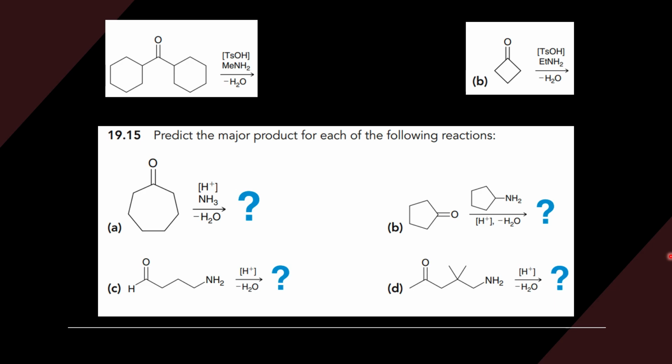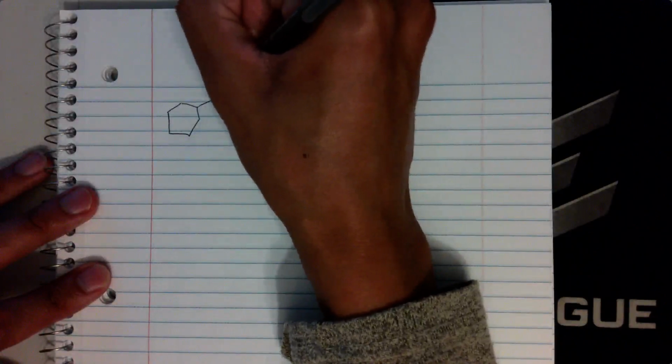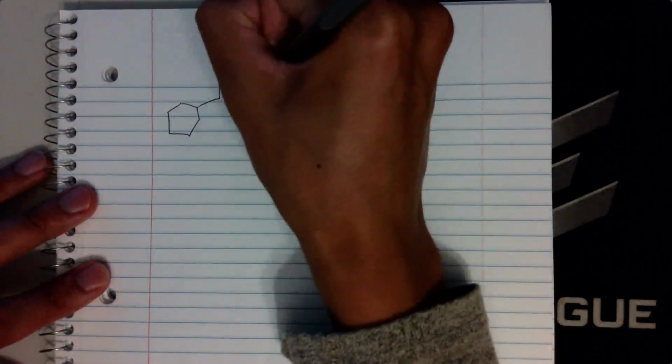Okay, so let's go ahead and go over these reactions. So for my first reaction, I have this benzophenone derivative, which doesn't really have the benzenes, but they're like cyclohexanone derivatives. And it's this.